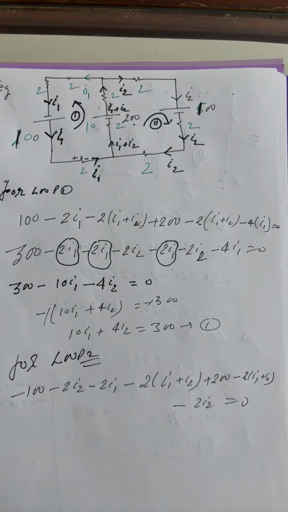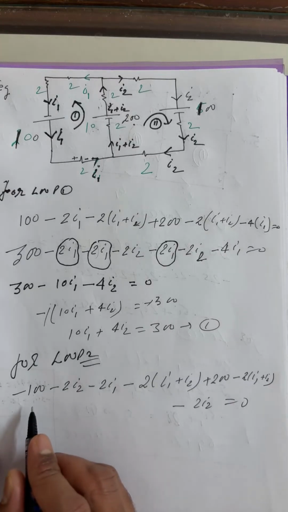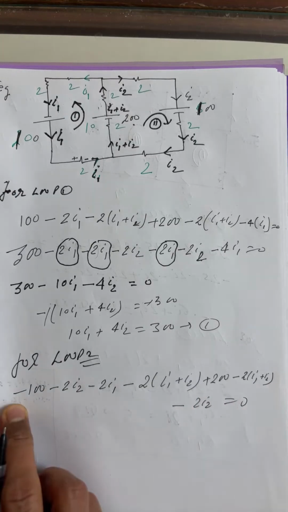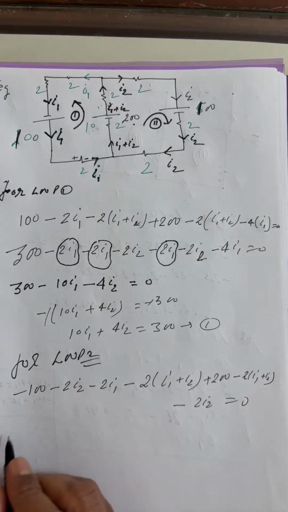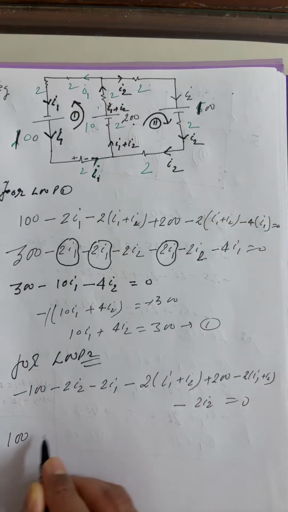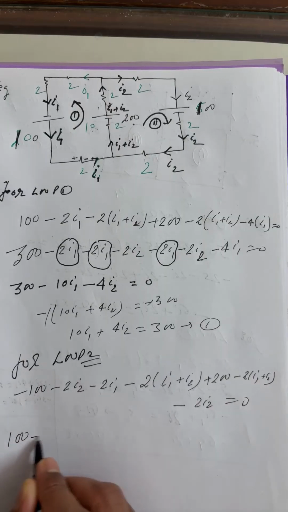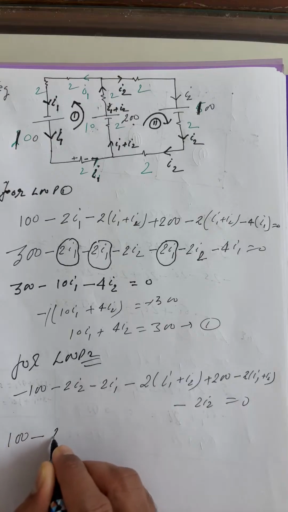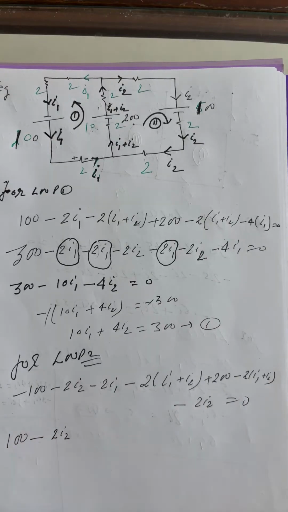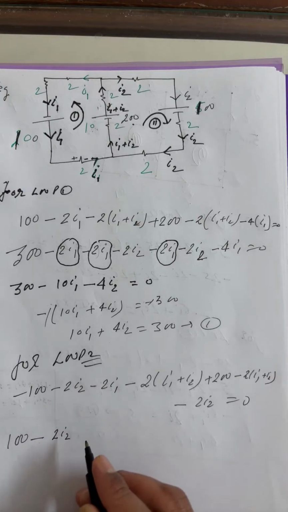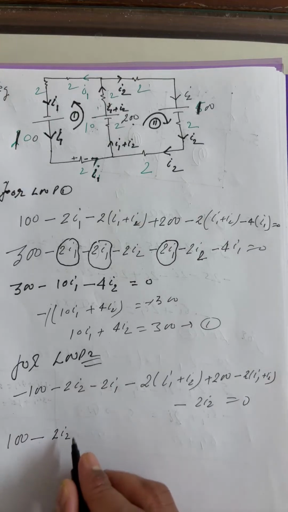Okay, bacha ji, just be careful here during calculation. 100 bacha plus 200 minus 100 plus 200 becomes 100 only, my dear. This is 100 bacha, minus 2 I2. I'll use next pen here, little dark.